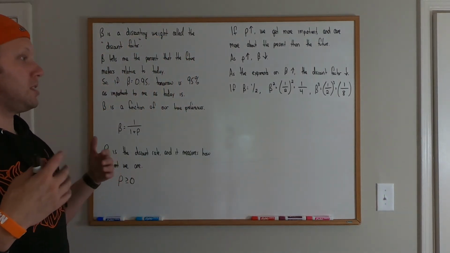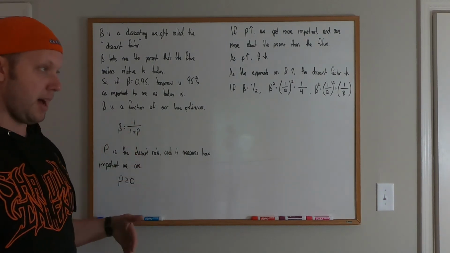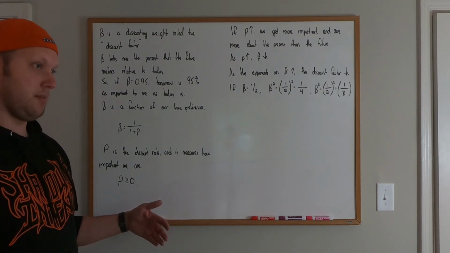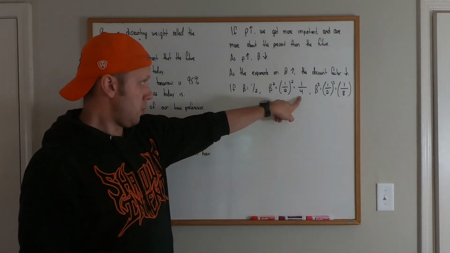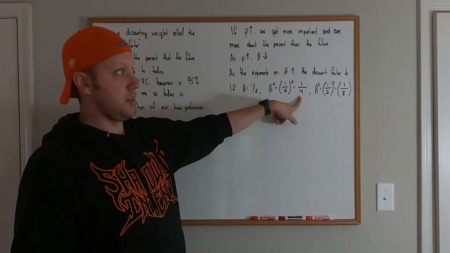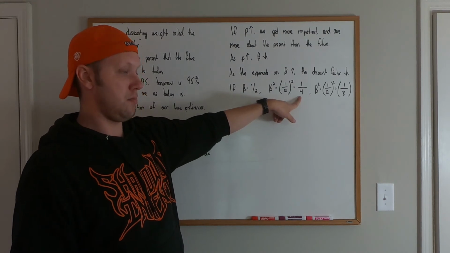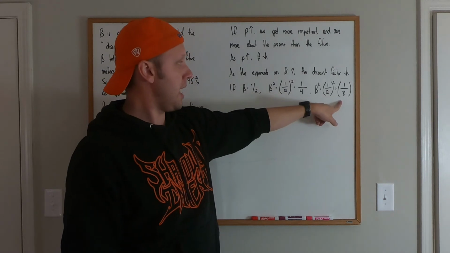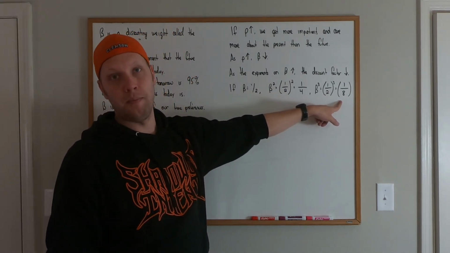Today matters 100% of what today matters. Tomorrow matters 50% of what today matters. 2 days from now, 25% of what today matters, 1/4. If I go 3 days, well, it's 1/8 as important.